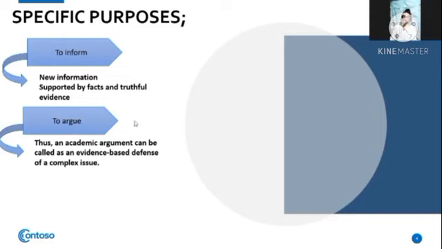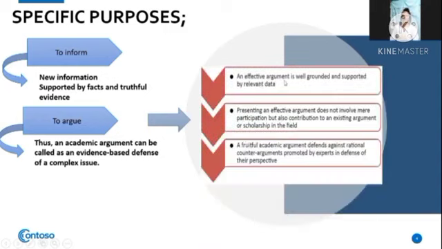In this purpose, there are features of an effective argument. So what are these features of an effective argument? First, an effective argument is well-grounded and supported by relevant data.